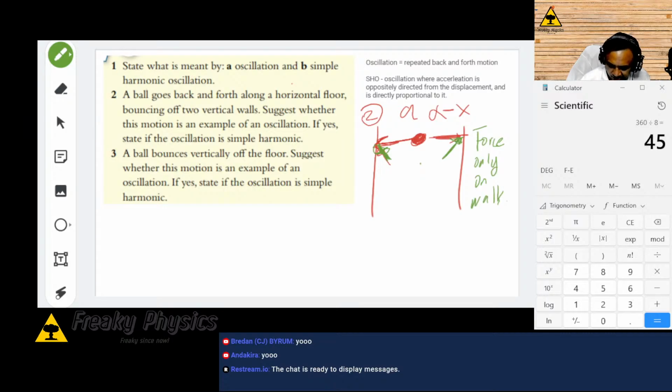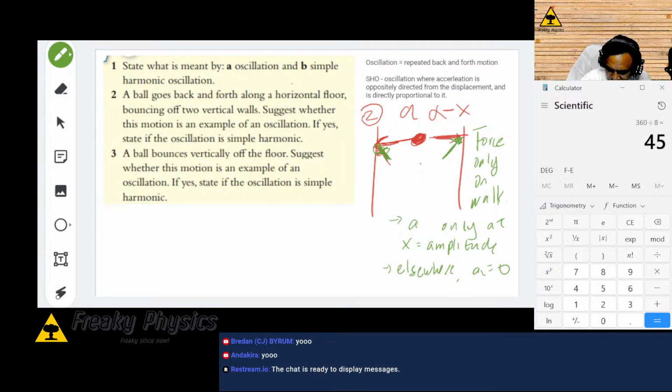So in other words, a is nonzero only at x equals amplitude, right? Elsewhere, a equals 0.